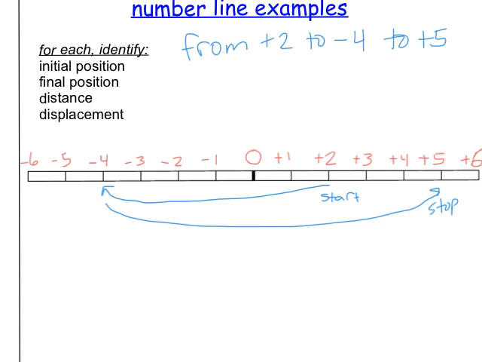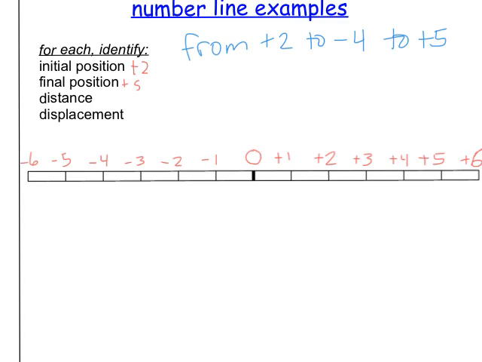Hopefully you said that that was a positive 2. The final position was a positive 5. Now we want to find the total distance. So to do that, we are going to count every step. So just follow along. We started here at positive 2.